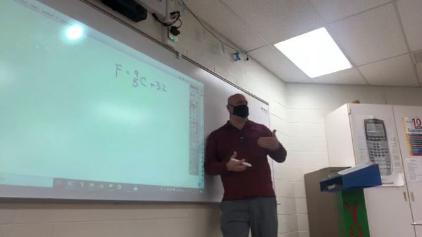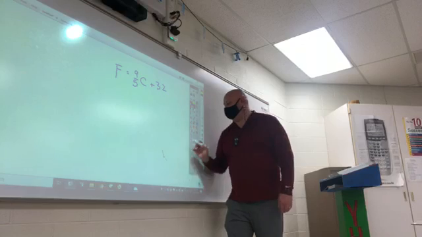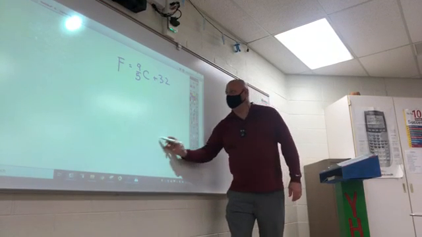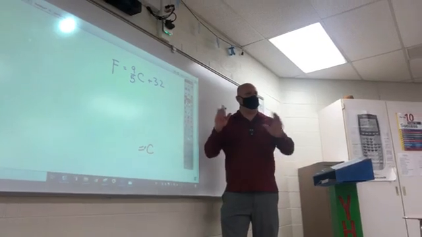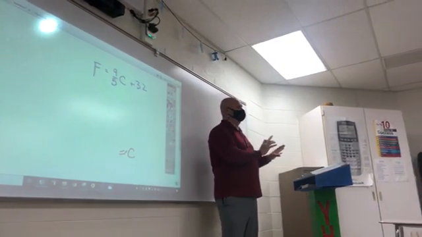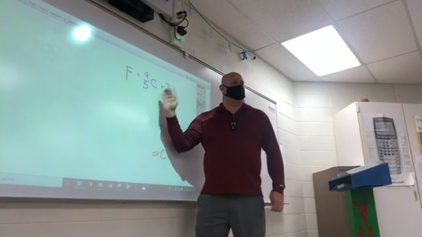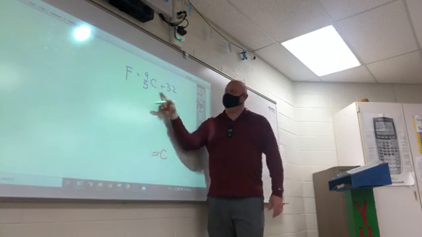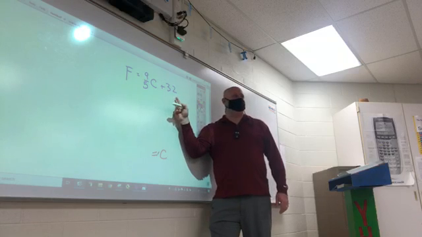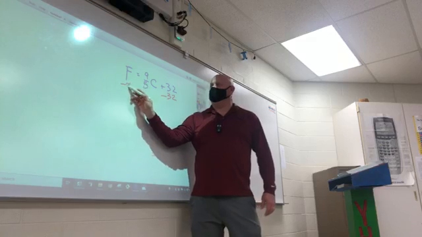If I want to go the other direction, I want to get this formula solved for C. All I'm doing is moving stuff to the other side. So what would I get rid of first here? That 32. So I'm going to minus 32.